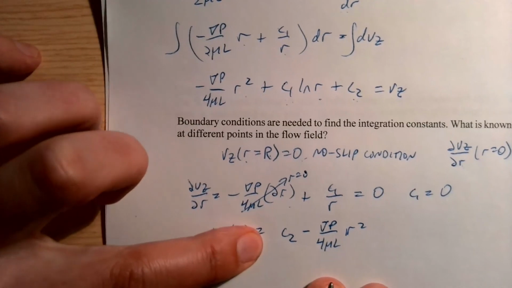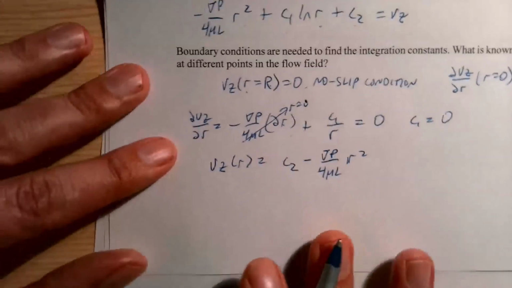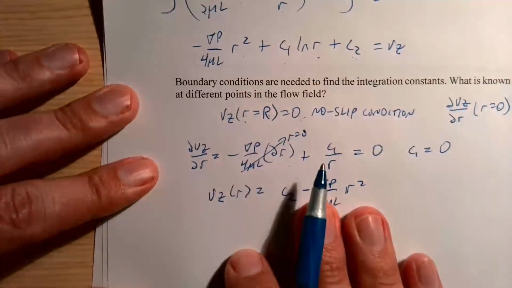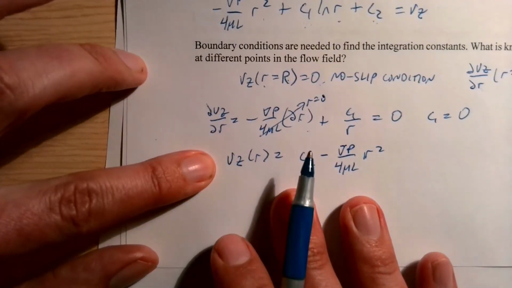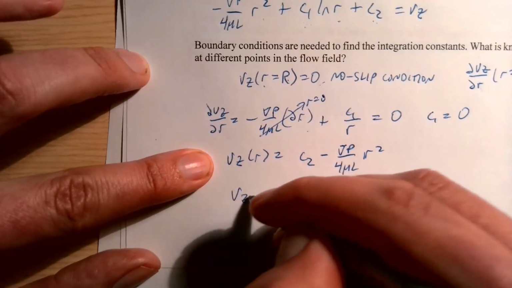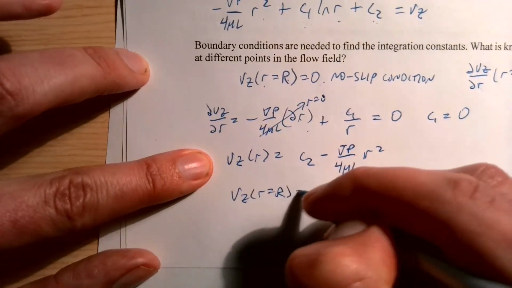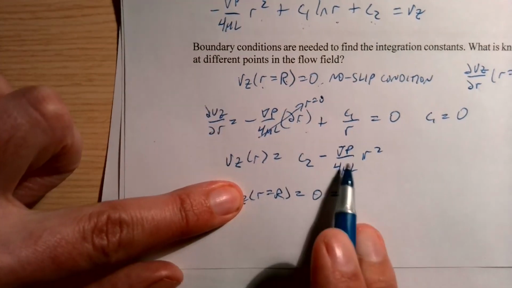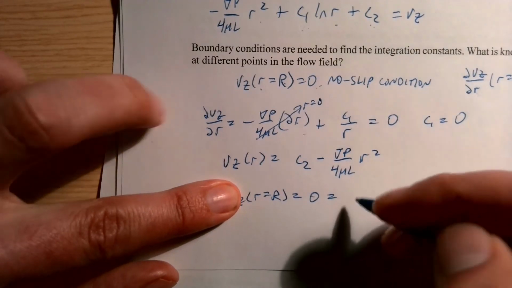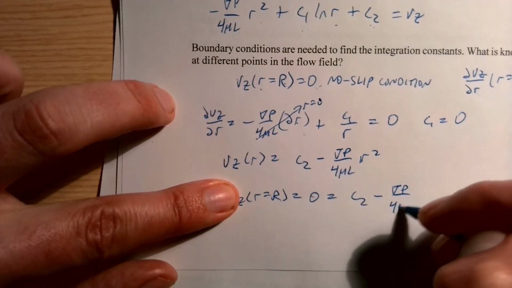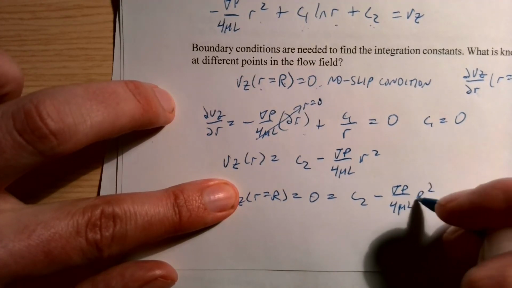Okay, and so we need C2, and so to get this one, again, I'm just rewriting this one and making that substitution. Now we can use our no slip condition. So r is equal to big R. We have Vz at r equal to big R is equal to 0. And if I plug the big R in here, I've got C2 minus delta P over 4 mu L times big R squared.